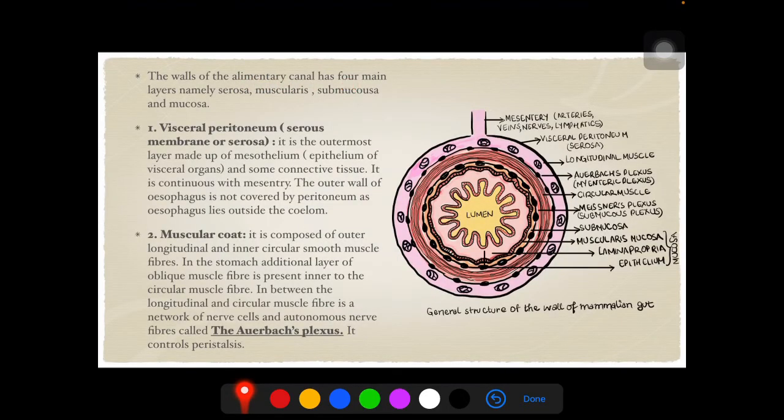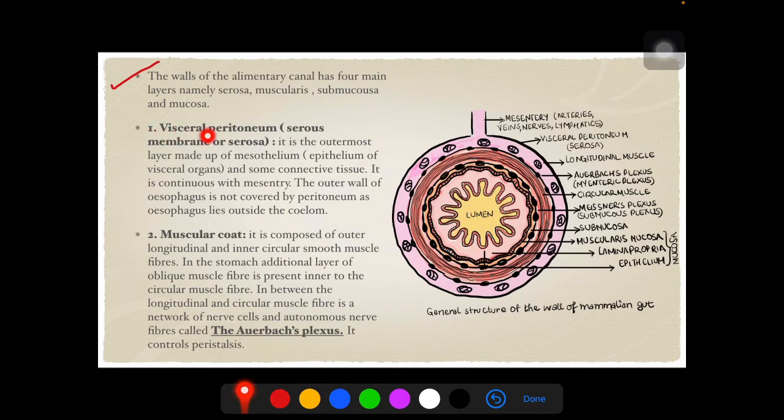The walls of the alimentary canal have four main layers, namely serosa, muscularis, submucosa, and mucosa. This topic is very important from the point of view of MCQ questions.